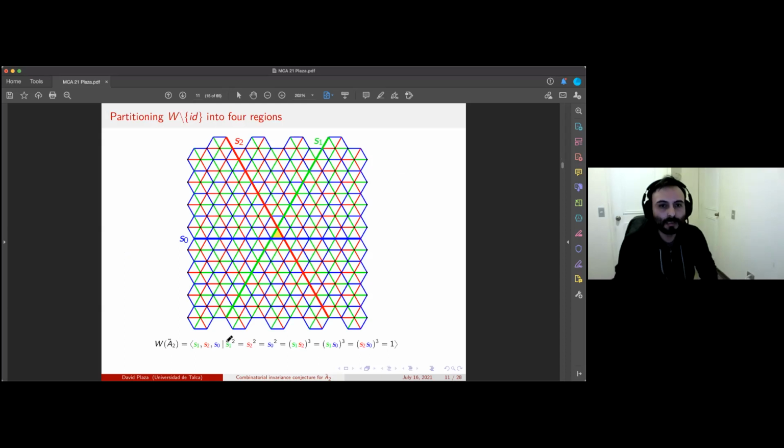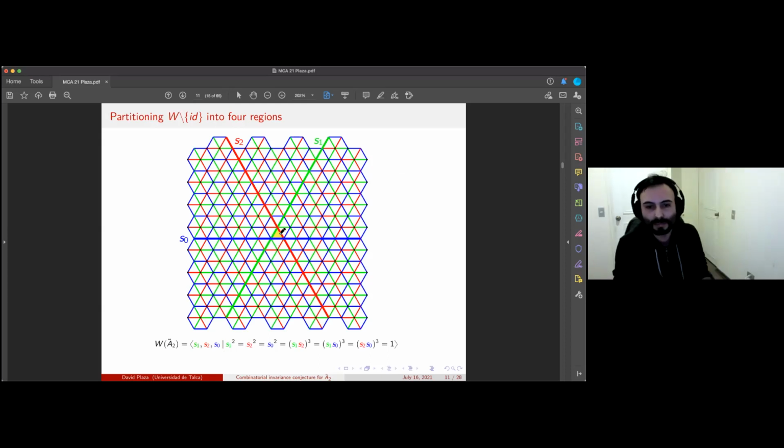Okay, it is convenient to visualize the partition of this group into 4 regions to recall the realization of our group W as an affine Weyl group, or as a group of affine reflections, in this case in the plane. So in this setting, we consider the tessellation of the plane by equilateral triangles and fix any triangle.